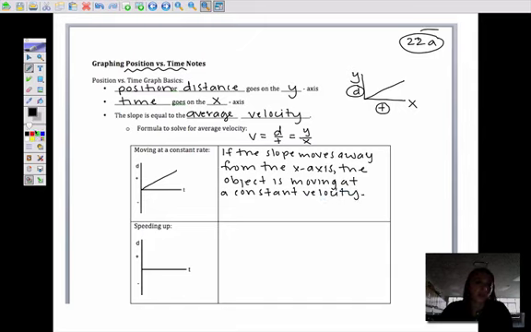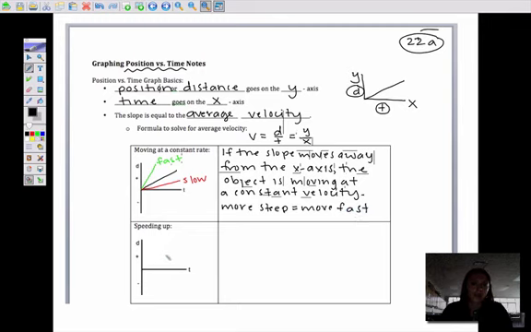Now, what if the object's going really, really fast or really slow? If the slope looks like this, that means the object's moving very fast. But if the line is closer to the x-axis, it's moving pretty slow. So something we need to remind ourselves too is the more steep the line is, the more fast the object is moving.